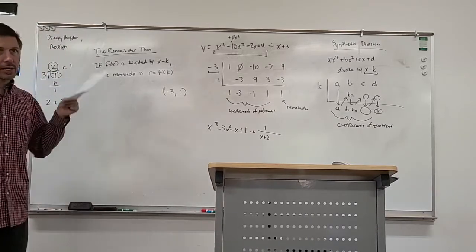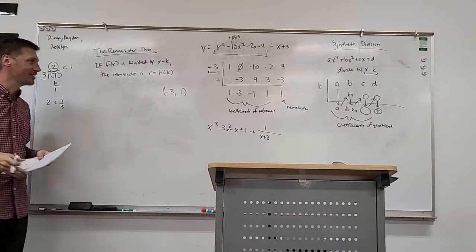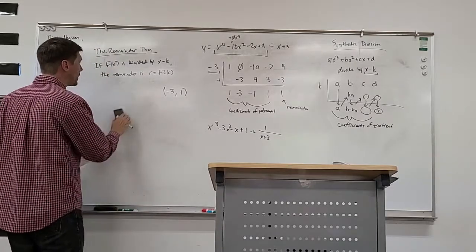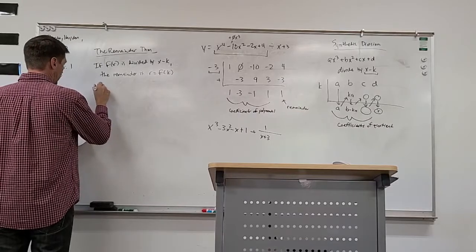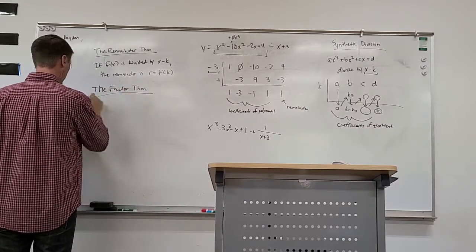So these are all kind of pieces that should be becoming assembled in your head, right? And those things are starting to click. All right, so in addition to the remainder theorem, there's also the factor theorem, which is what we were talking about a minute ago. And the factor theorem says this.